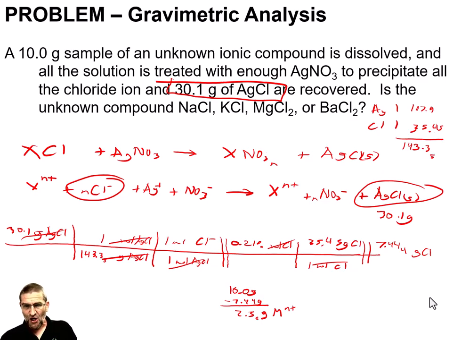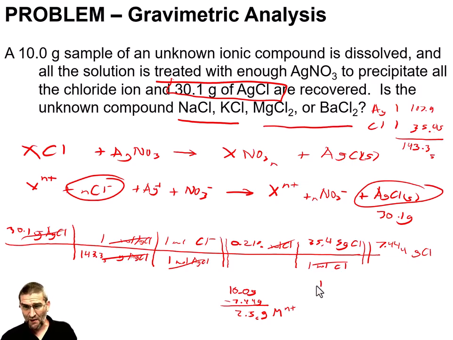Okay. Now notice we know the number of moles that we have of chlorine, which means we can figure out the moles that we have of the metal for either one of these cases, where we have the +1 metals or the +2 metals.